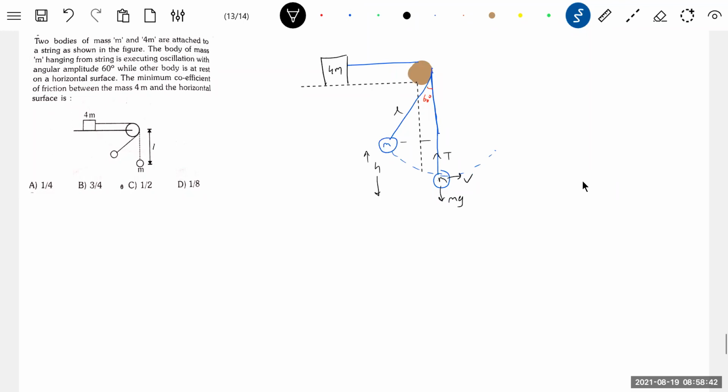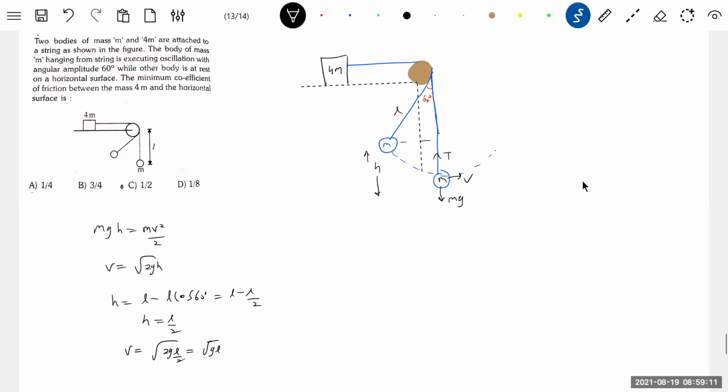So the decrease in potential energy, mgh, should be equal to half mv square. So v equals root of 2gh. What is h equal to? h must be equal to L minus L cos 60 degrees, so L minus L by 2. Now I'll get the velocity.